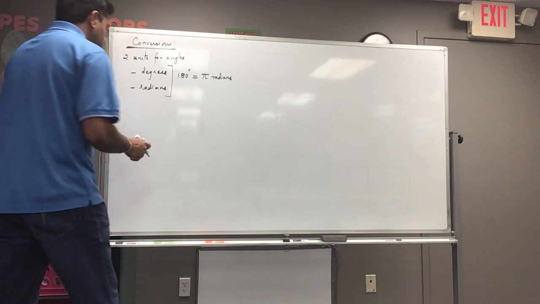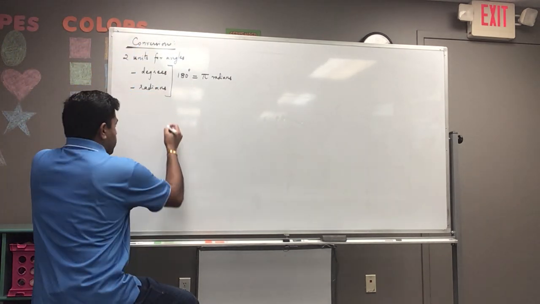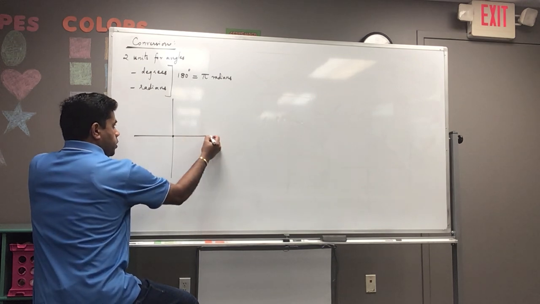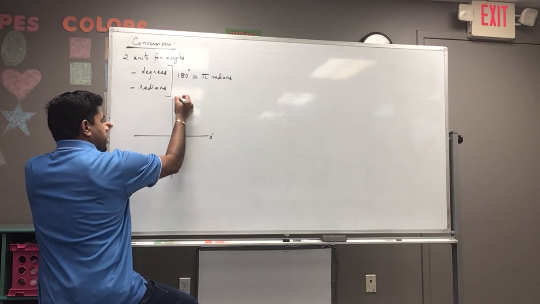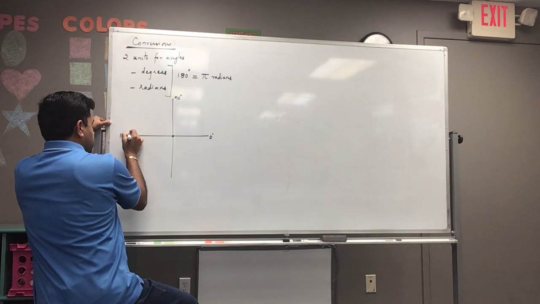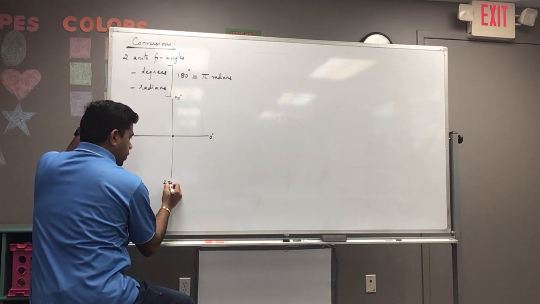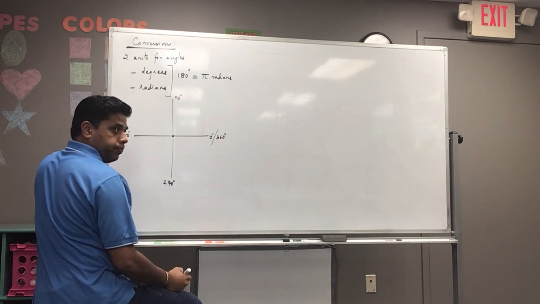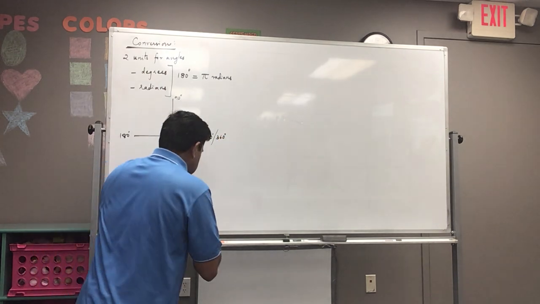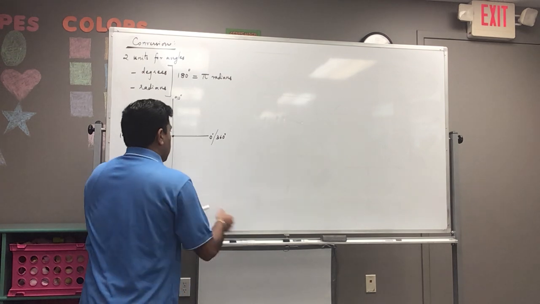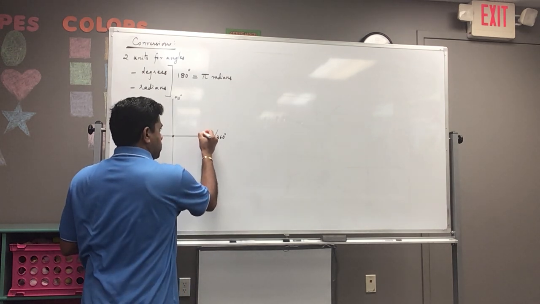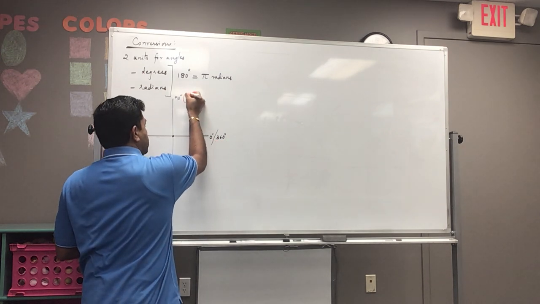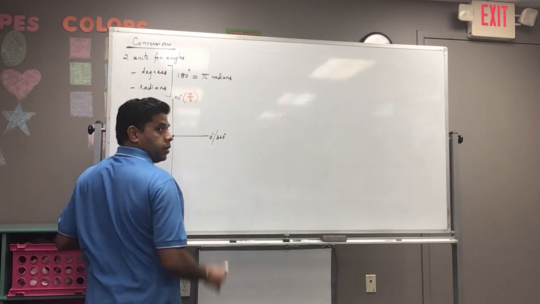First up, let's go back to XY plane here. 0 degrees, 90 degrees, 180 degrees, 270 degrees, back to 360. Sounds good? So let's do the radians now. Of course, this will be 0 radians. This will be pi by 2 radians, right?